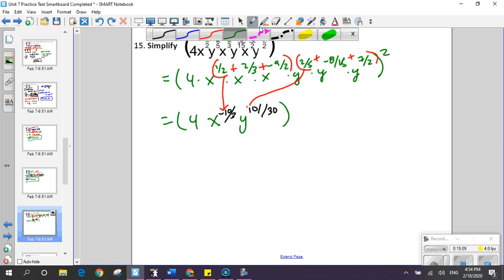Again, all that is still inside the parentheses, and there's still a power of 2 attached to the parentheses. We now will take that power of 2 and distribute it to the powers. So we're going to multiply it with the powers that are existing.